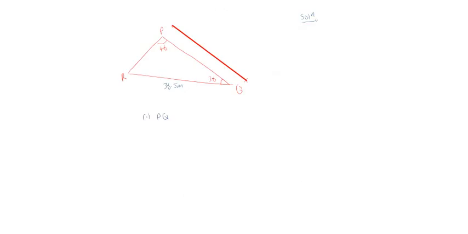If you're given only one side and two angles, then you also use the sine rule.